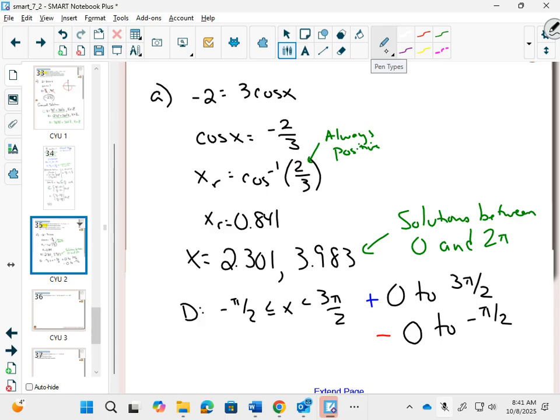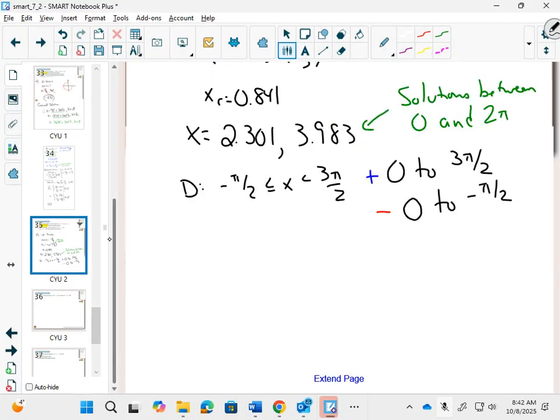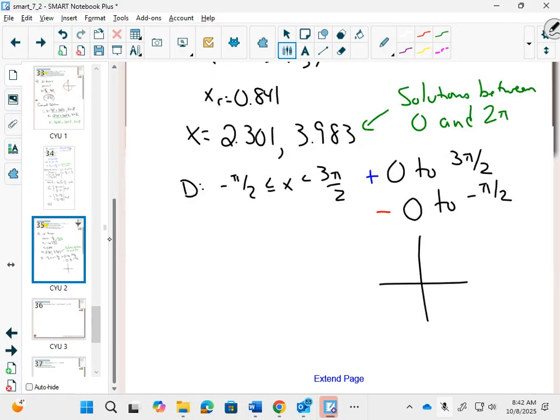If I draw a picture of this domain on my unit circle, that means I'm looking here, anything up to there, and I'm also looking for anything in there. So when my domain goes from negative to positives, I always split it up and think about my positives separately and my negatives separately.